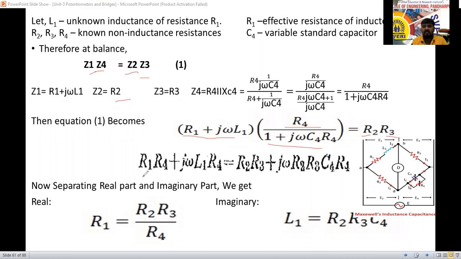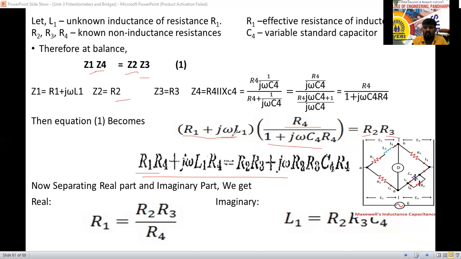Rearranging this term by multiplying, it will become R1 R4 here. Now you have to split the term. R1 R4 we have written here. Next, this R4 you multiply here: j omega L1 into R4.